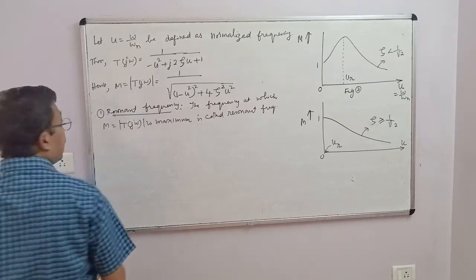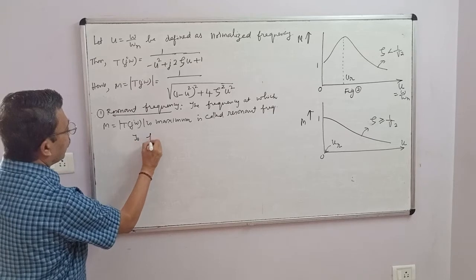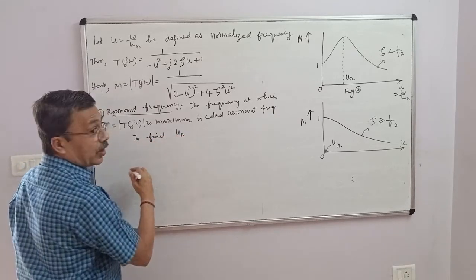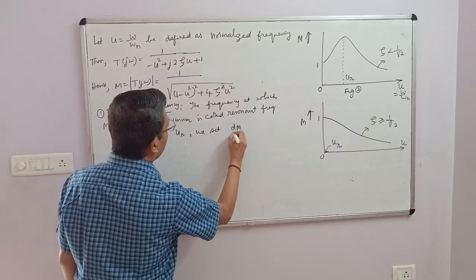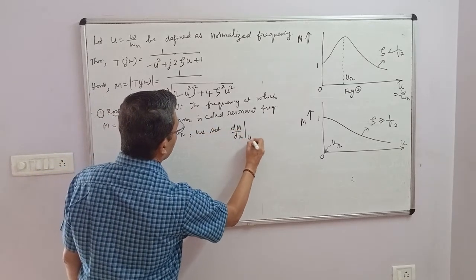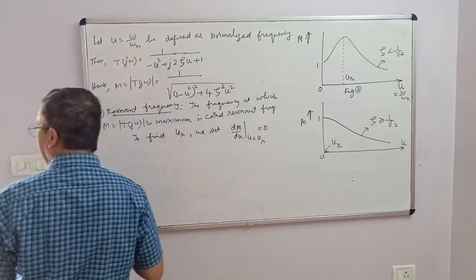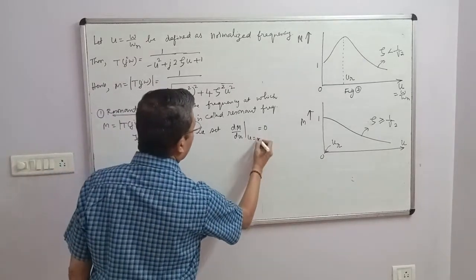Let us now derive the expression for UR. To find UR, we set dm by du at u equal to UR equal to 0.